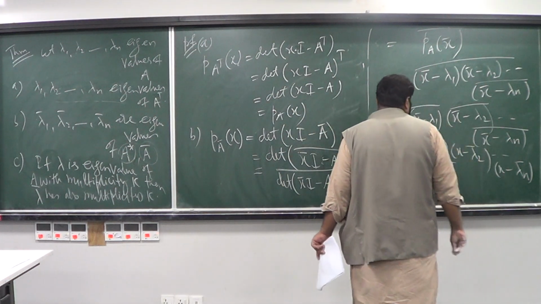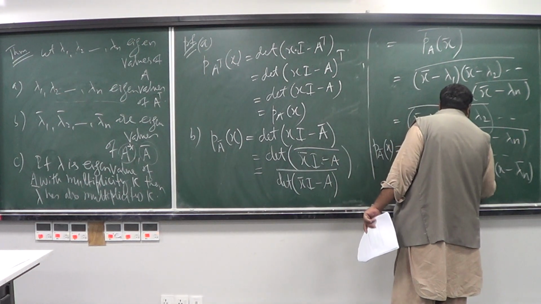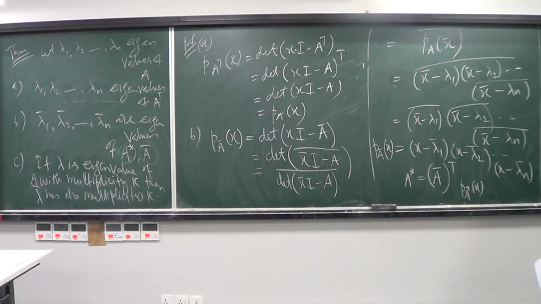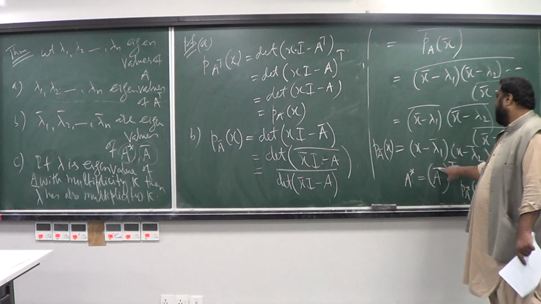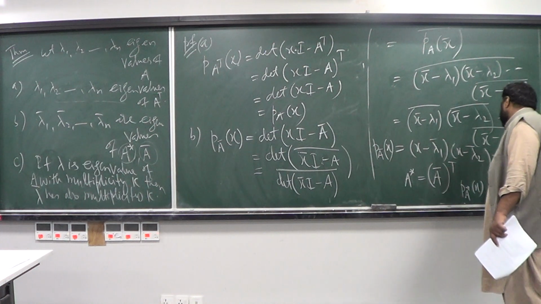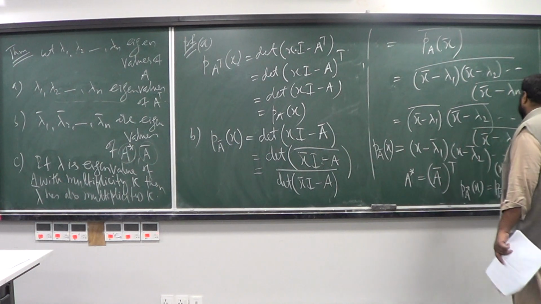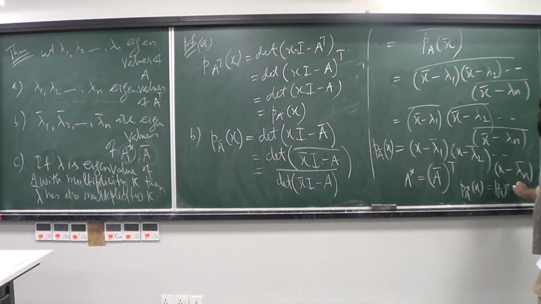So when you compute the characteristic polynomial of A star, it's going to be the same as the characteristic polynomial of A conjugate transpose, which is the same as the characteristic polynomial of A conjugate of x, because a matrix and its transpose have the same characteristic polynomial.